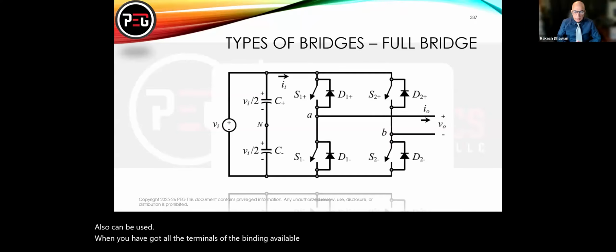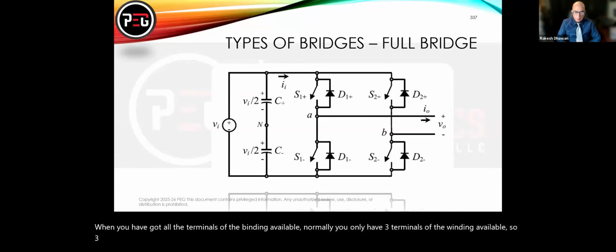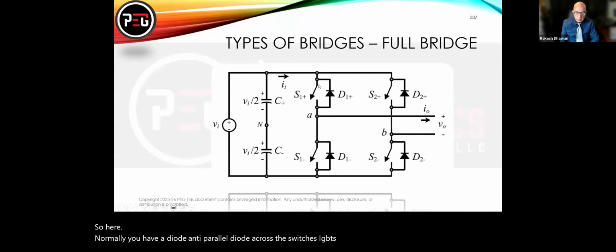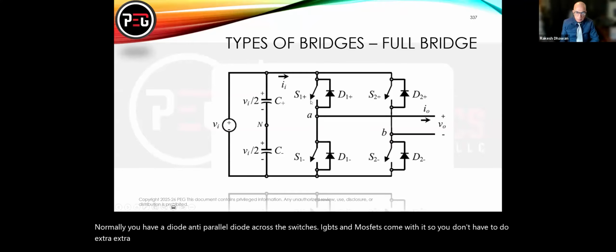Normally, you only have three terminals of the winding available, so the half bridge becomes more practical to use. Here, normally you have an anti-parallel diode across the switches. IGBTs and MOSFETs come with it, so you don't have to add extra anti-parallel diodes across the switches.